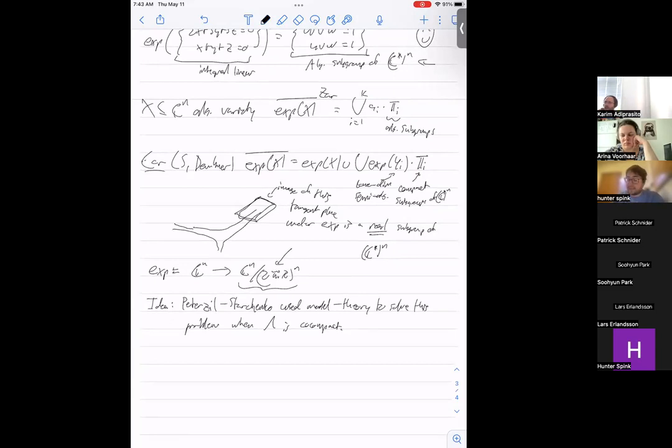So the idea of the proof is, instead of considering everything in the image of pi, we're going to consider everything in the domain and then project to pi.